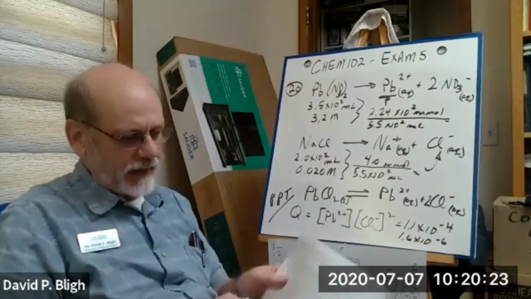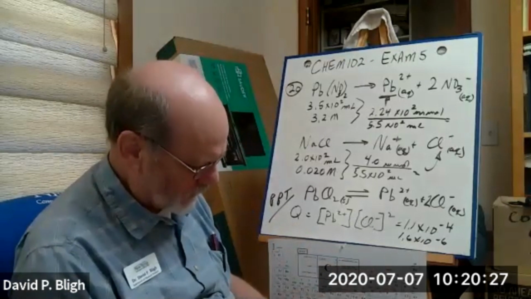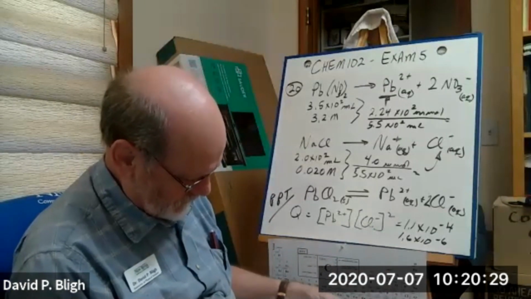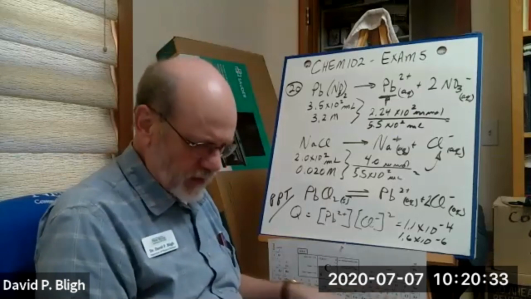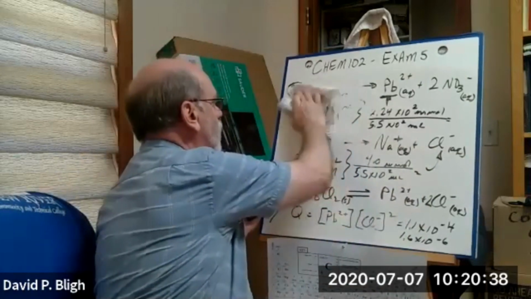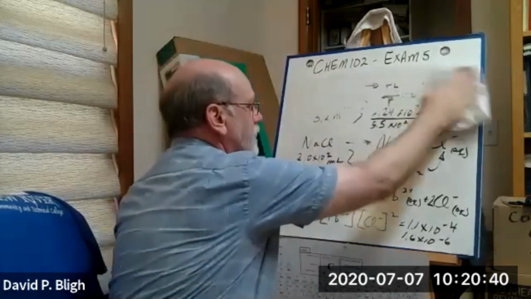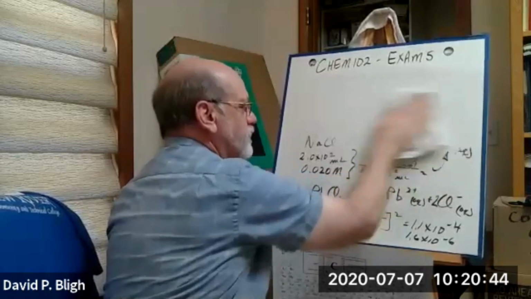Okay, that was 20. Let's see how many we've got to go. Got less than an hour left, so I better pick up the pace a little bit. Okay, we've done solubilities and solubility products.